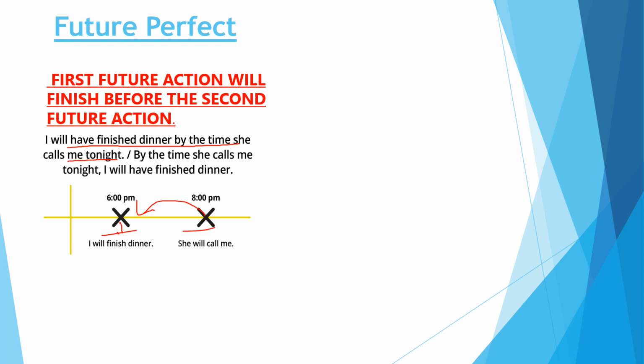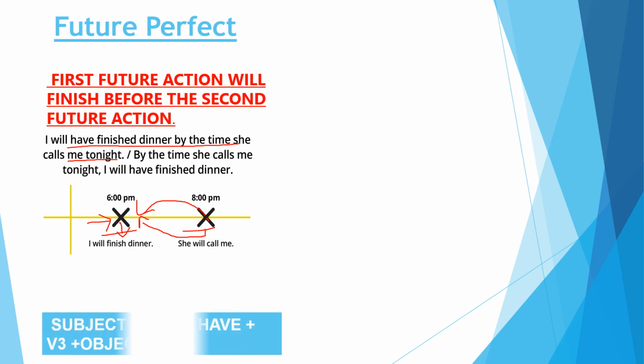I will have finished dinner by the time she calls me tonight. So I'm talking somewhere in the morning, but tonight I'm going to have dinner. Before that she will call me. So both events are going to happen in the future, but for the earlier event we use the future perfect tense. The sentence structure is subject, will have, verb third form, and object.